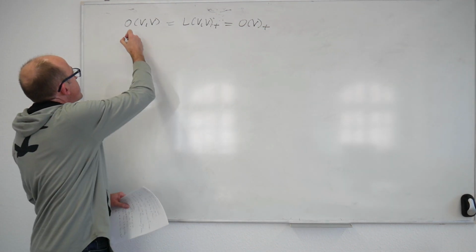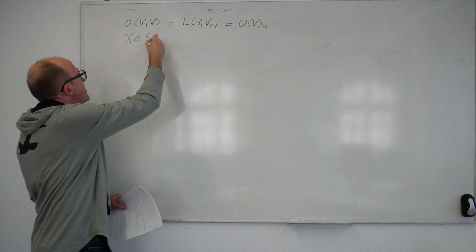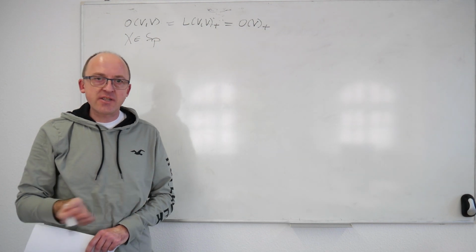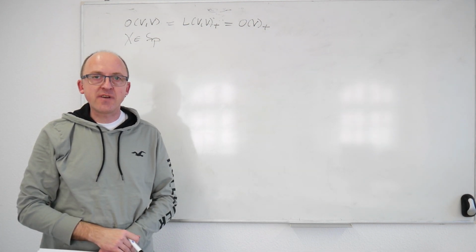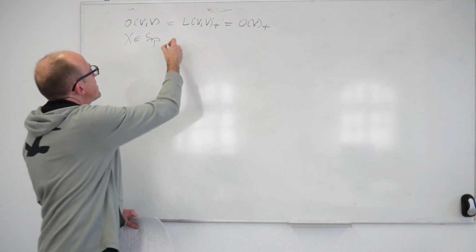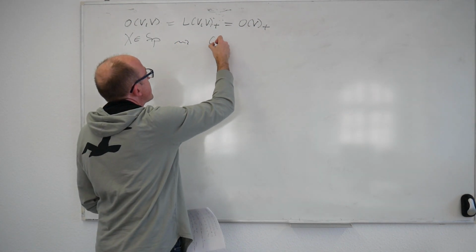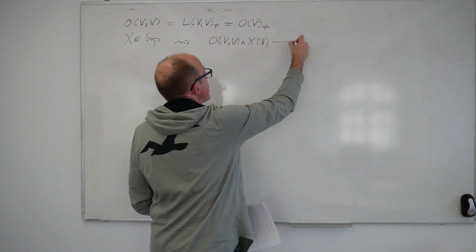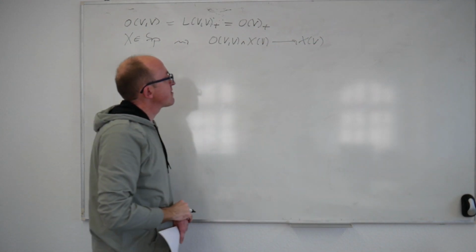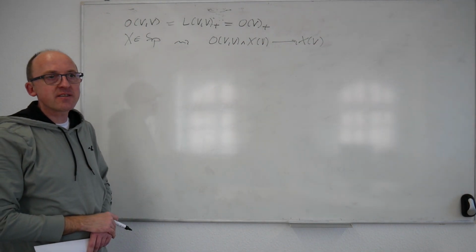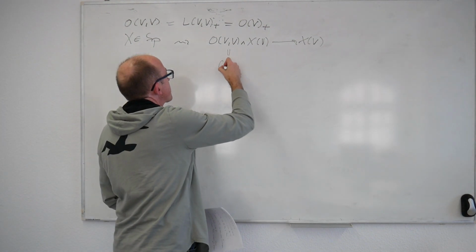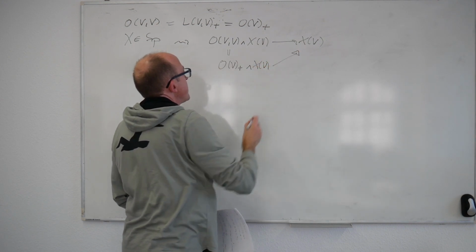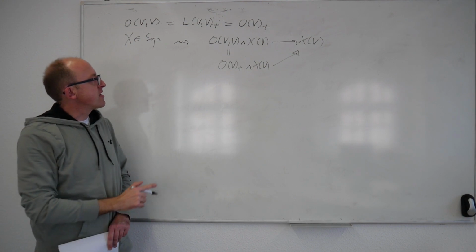And so if we have an orthogonal spectrum, so X in SP, SP is my notation for the category of orthogonal spectra, where the morphisms are just natural transformations of continuous functors. Then, in particular, part of the action is a map from O of V, V smash X of V to X of V. This is the functoriality when V is the same as W. And so this is really the orthogonal group of V plus smash X of V to X of V. So the data in particular gives you an action.